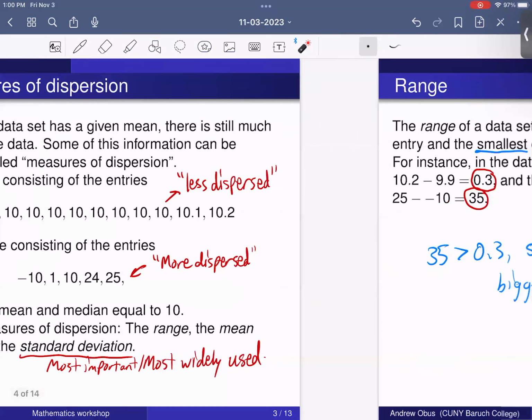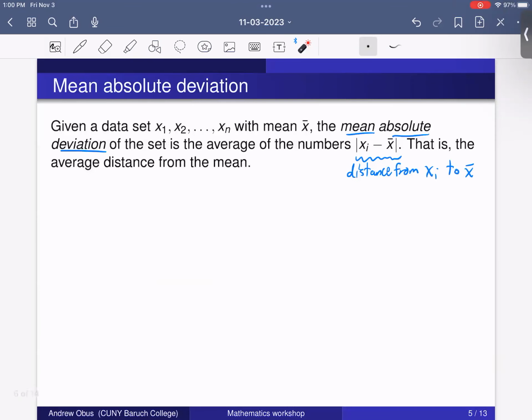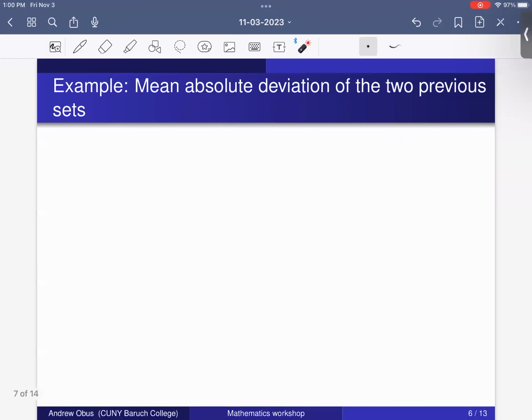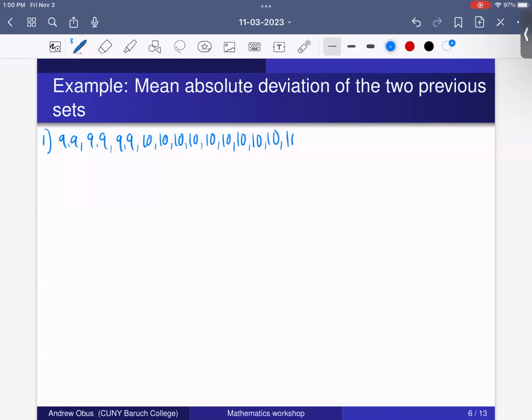So let's actually calculate this for the two data sets that we had. So the first previous data set, let me just copy it down. It was 9.9, 9.9, 9.9, 10, 10, 10, 10, 10, 10, 10, 10, 10, and then 10.1 and 10.2.